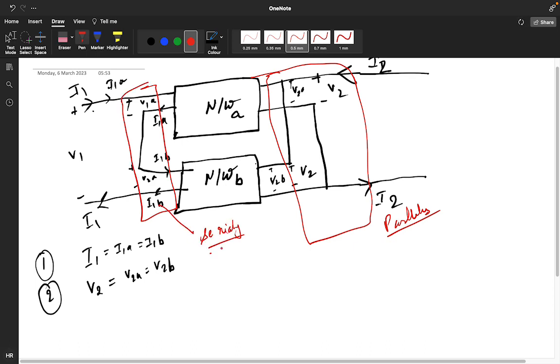Serially connected. So we are getting I1 is equal to I1A is equal to I1B because it is serial, and this one is V2A is equal to V2B. So all are parallelly connected. That's why the voltages are equal.